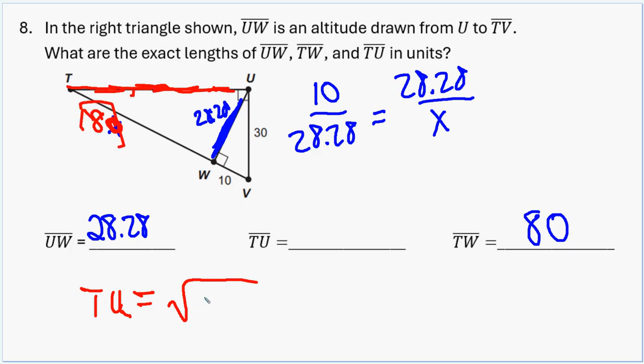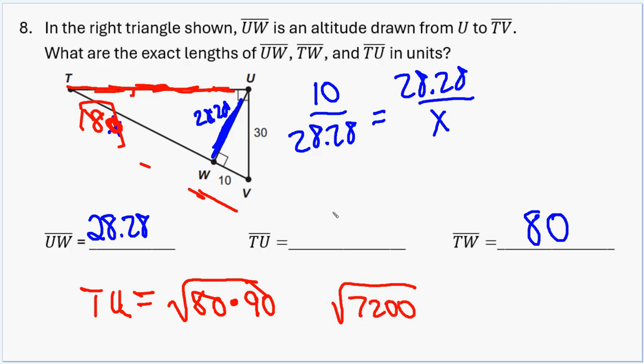And we would multiply that 80 by this entire side length. That would be 90. So we could do the square root of 80 times 90. And 80 times 90 is 7,200. The root of 7,200 is about 84.84.